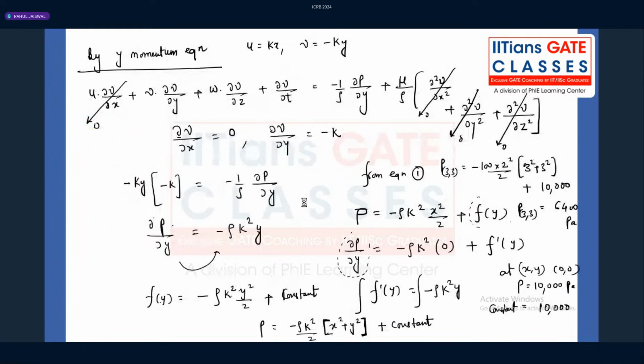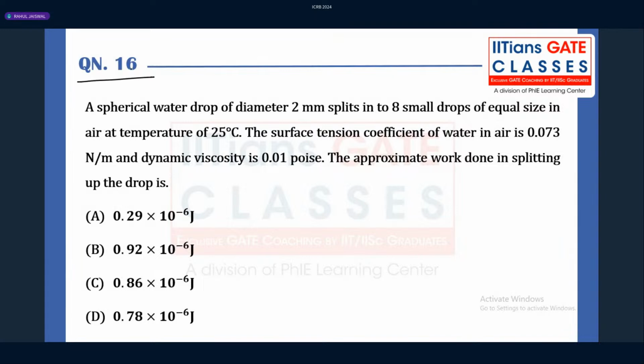Moving back to question number 2, regarding fluid mechanics. Please read this particular problem. A spherical water droplet of diameter 2 mm is split into 8 small drops of equal size at a temperature of 25 degrees centigrade.